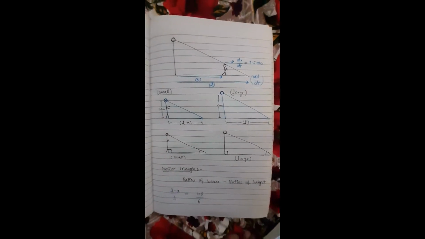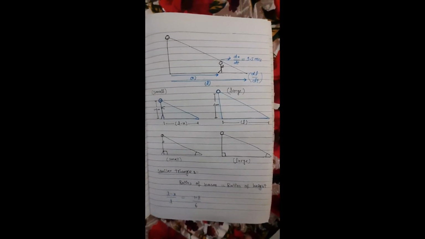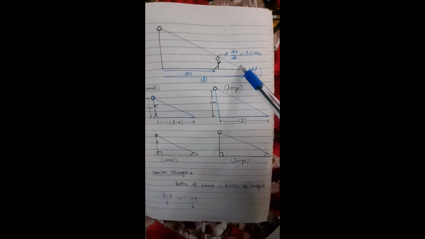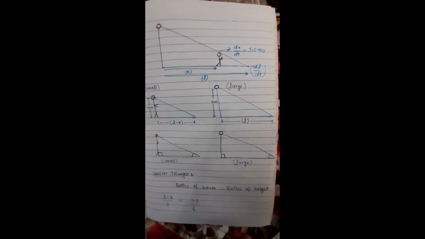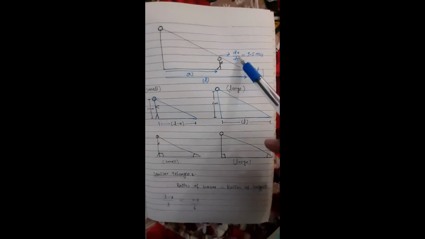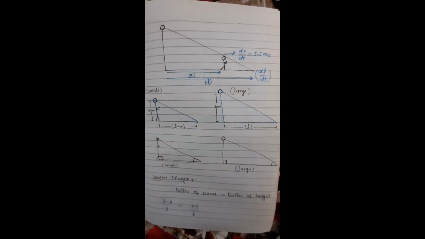We are told that the man walks at 1.5 meters per second, which is the value of dx/dt. Now we are looking for the corresponding value of dL/dt.